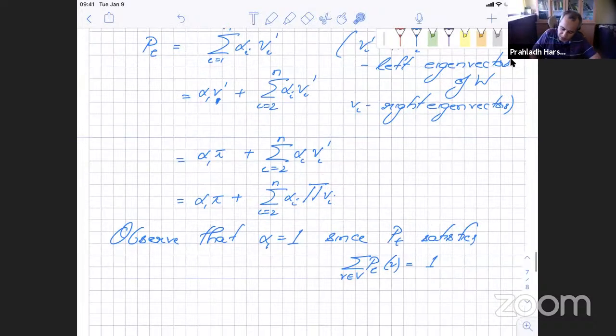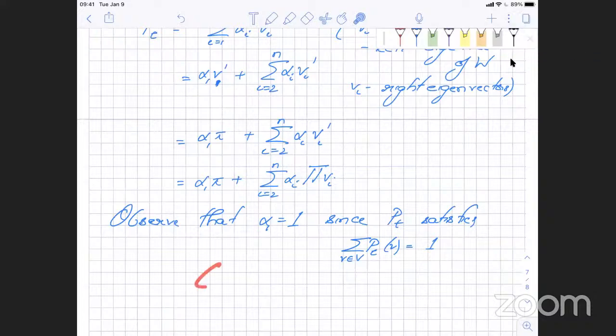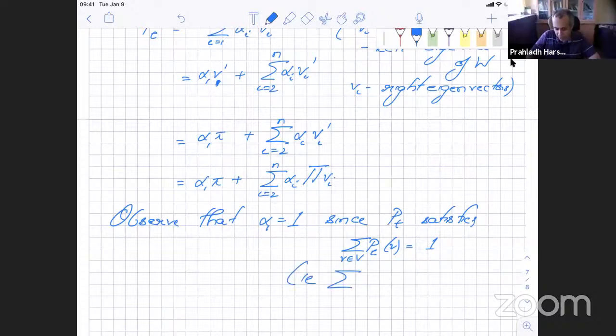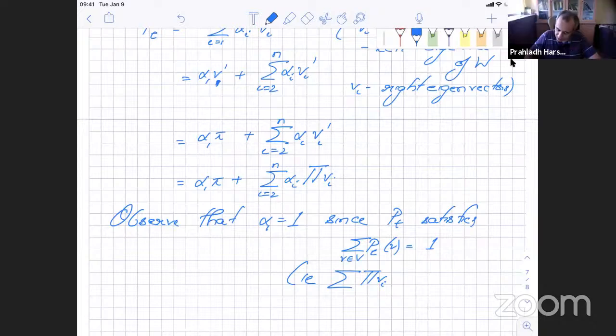All I want to claim is, you just take the dot product of both sides with the all ones vector, instead of the inner product. The dot product, yeah. So which is exactly this quantity pi vi. Let's take the dot product of pi vi at the vector u in v.